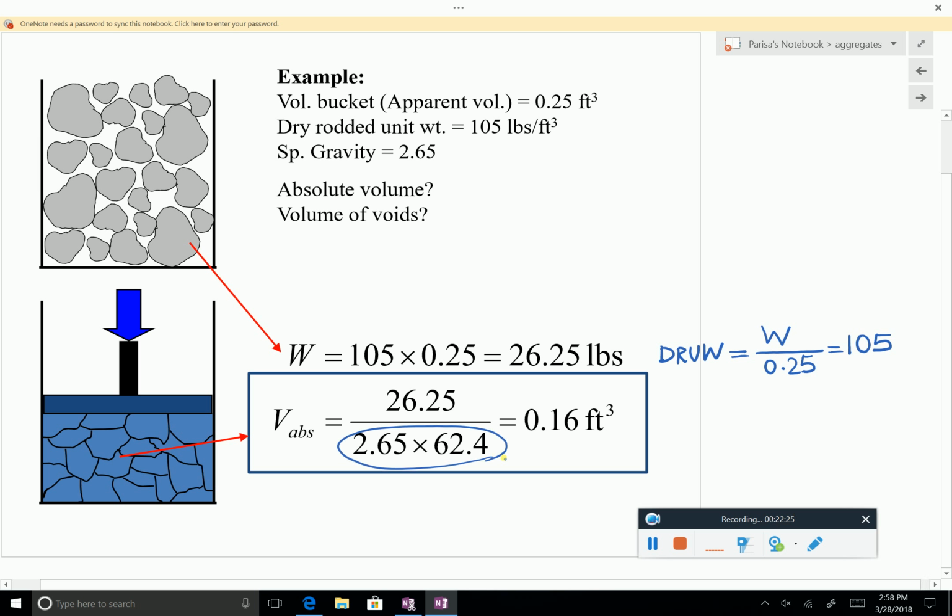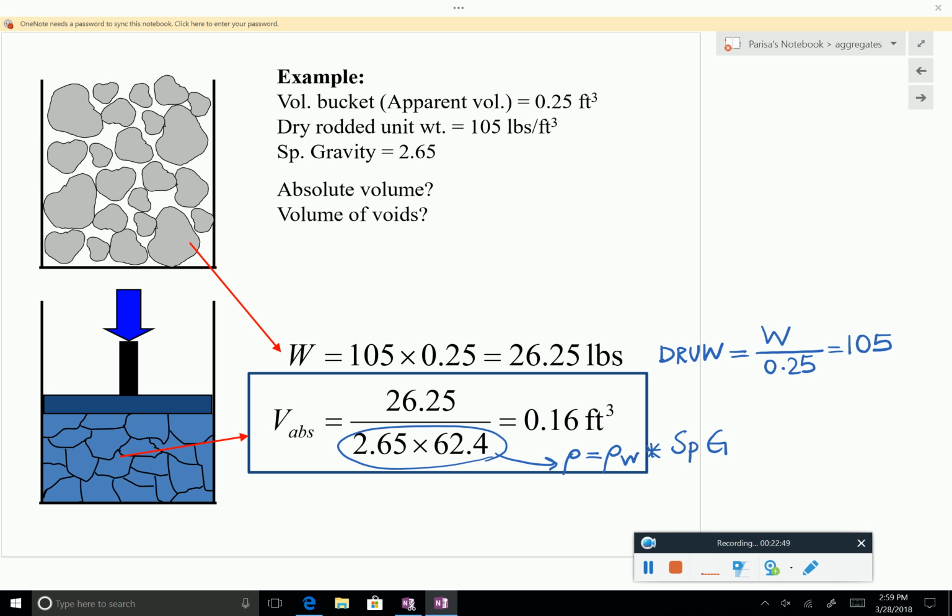So this is basically the density, which is the density of water times the specific gravity. And the volume of voids is the apparent volume minus absolute volume. Most of you had it right.